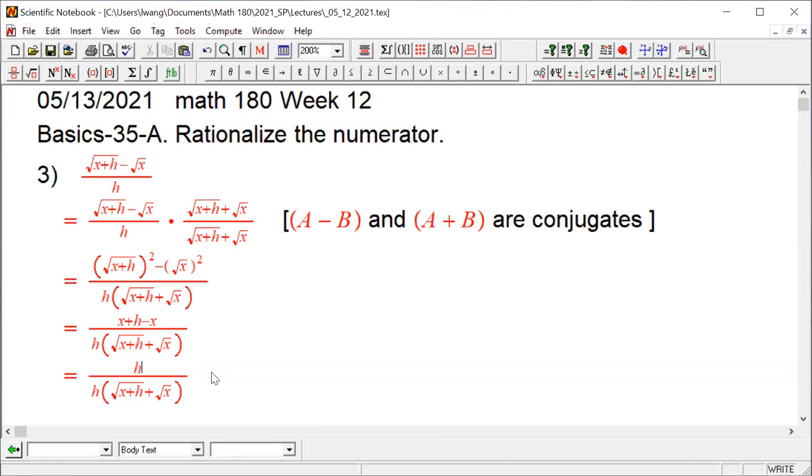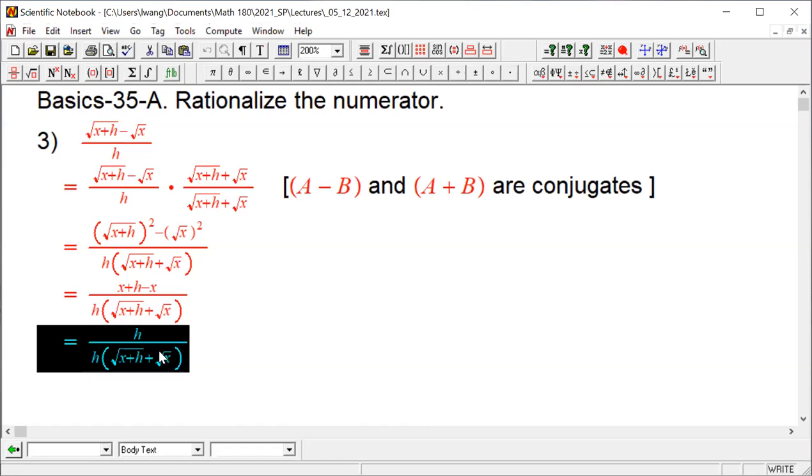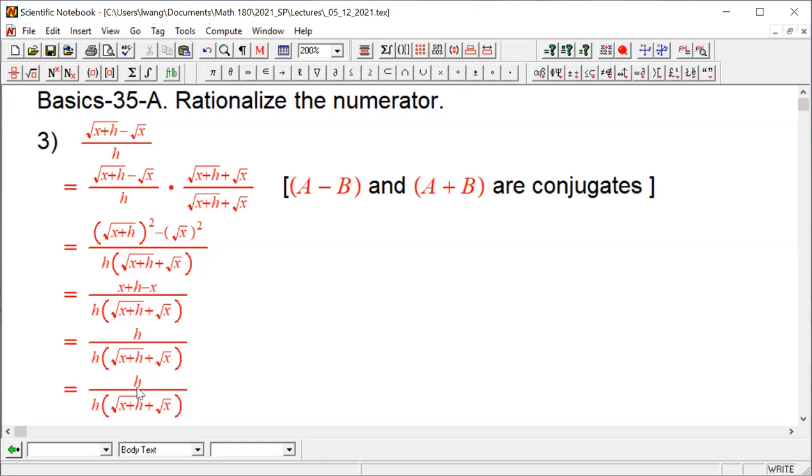So h is left. And last but not least, all these h is reduced, right? So that's the final answer. Okay, this is literally calculus preview.